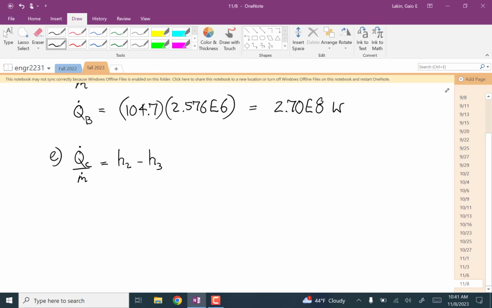If it's an ideal system, no loss. W dot net is equal to Q dot net, QB dot minus QC dot. Yes, that's right. So we could do it that way too, yep. But it's not just like the heat that comes in goes out of the condenser.